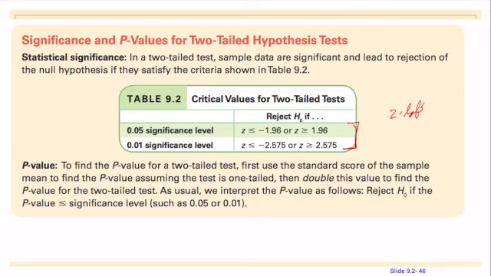Okay, so let's suppose the company selects a random sample of 100 tablets and finds out those have a mean weight of 501.5 milligrams. Okay? We need to find the z-score for this and conduct a test.